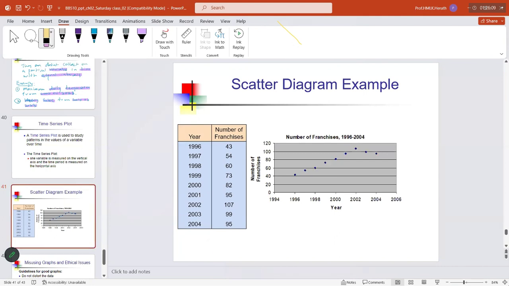We will take year to the x-axis and our data to the y-axis. Thereafter, we will have a line chart like this. This is the time series plot. It's a line chart where time is on the x-axis and the variable is on the y-axis.